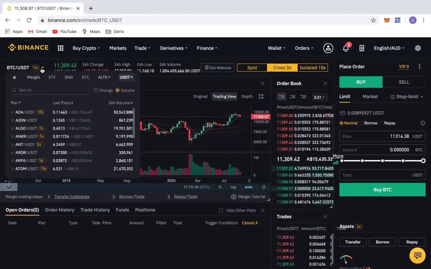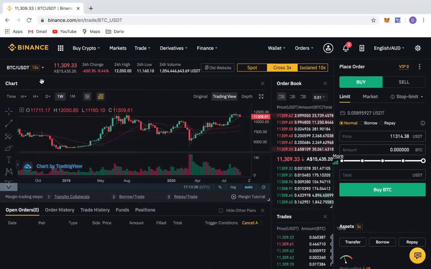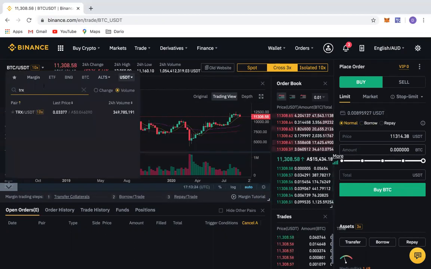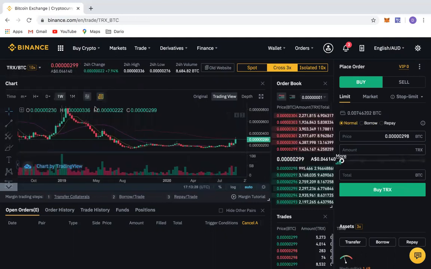If I go to buy, this is the search up here. It's got Bitcoin. Let's go to TRX, Tron, as an example. We'll click Bitcoin and we're on TRX. So if I've just loaned 3 times my amount and I want to buy the full thing in TRX, I will make sure it's on normal because I've already borrowed.